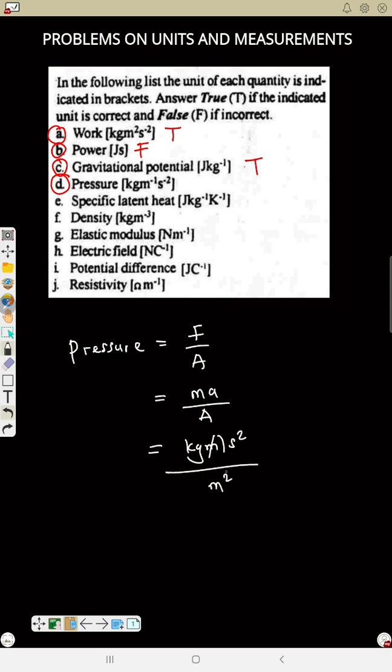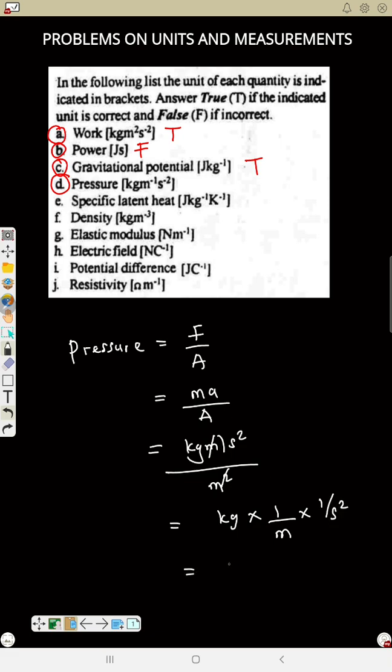You know that a meter will cancel out, so this will be kilogram times 1 over meter times 1 over s squared.